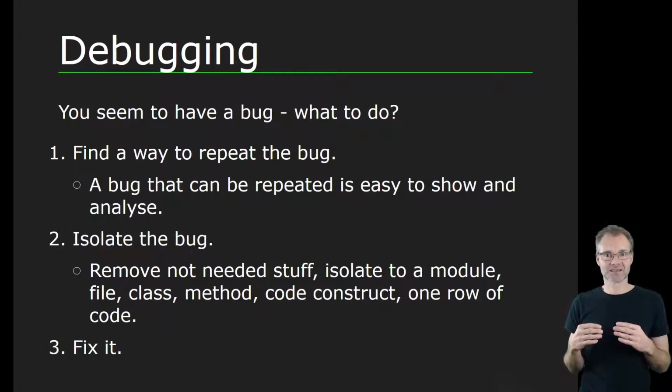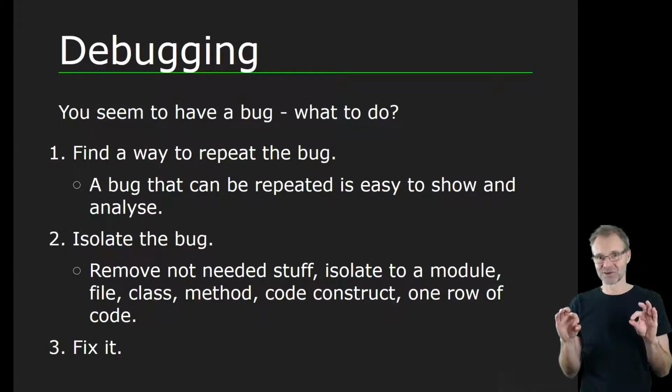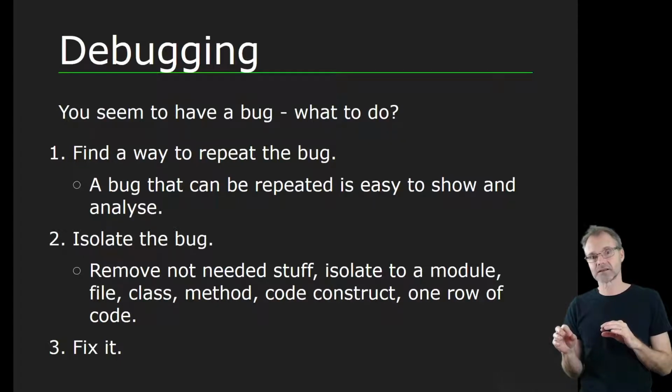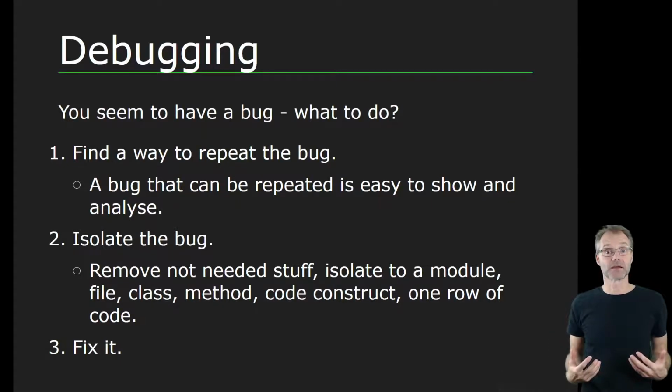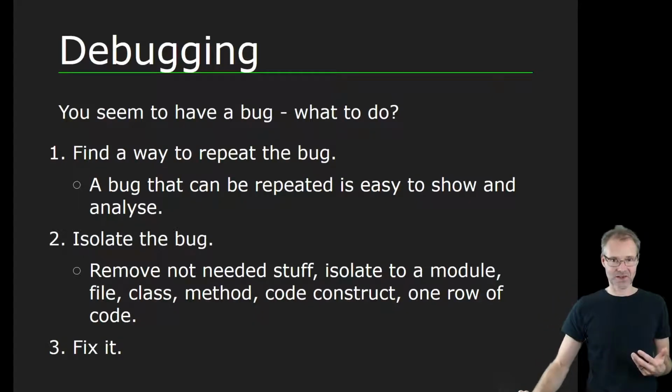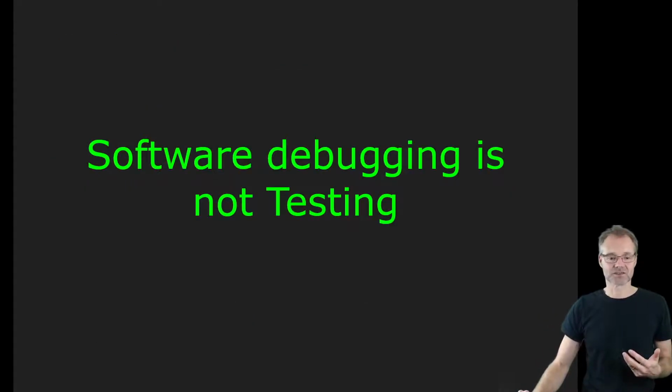And I want to isolate it into a software module, perhaps a class, a file, function, method, code construct, and finally it should boil down to one line of code or even a part of a line of code. So I always need to isolate the bug, and when I have isolated it, I can fix it, and then we do it again and again. So that is the debugging, and it's really helpful if we find a way to do this very, very structured, so to say.